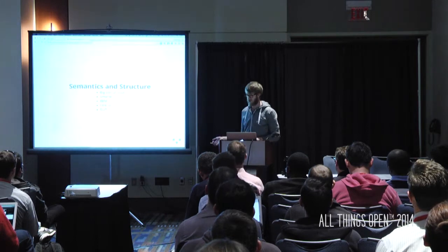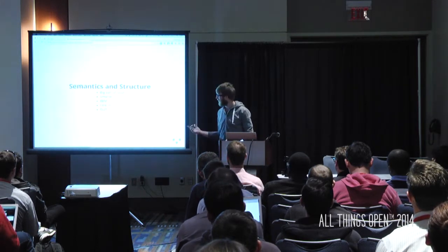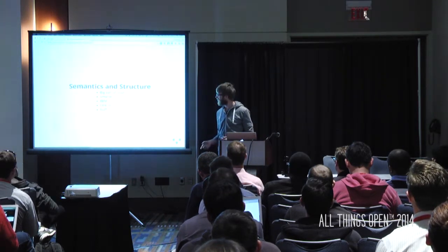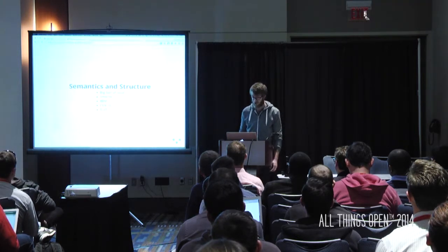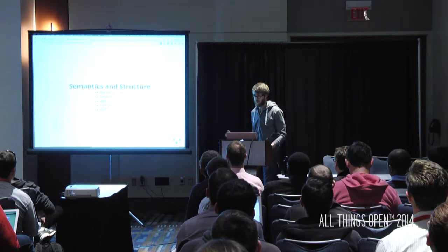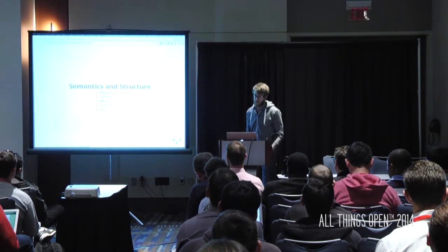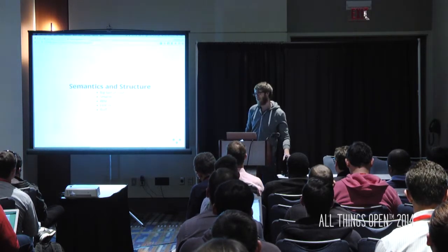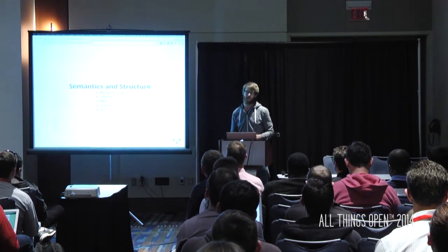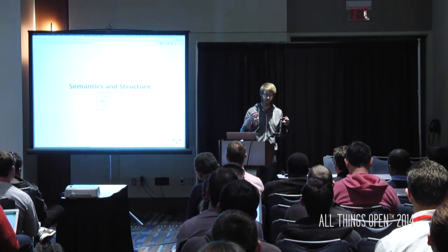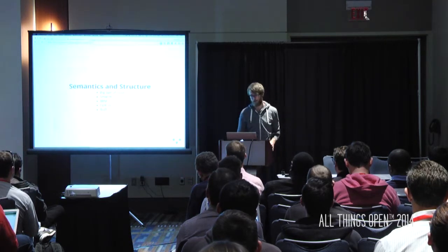So Jonathan Snook wrote SMACSS, which stands for Scalable and Modular Architecture for CSS, I think. BEM, Block Element Modifier, Object-Oriented CSS, and SUIT. All of these are just more rigid, defined ways to structure HTML and CSS, and to compose these things that are inherently tied together into one unit.